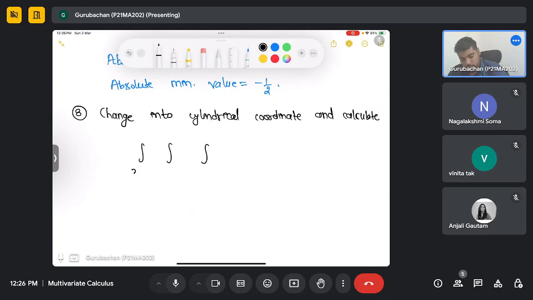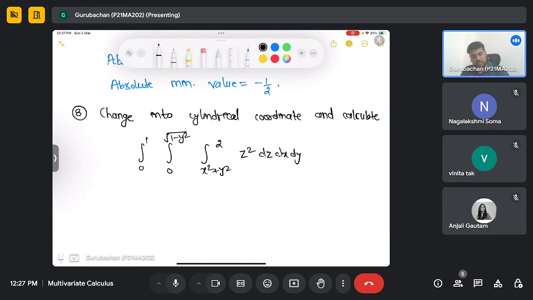Our first value is this, another one is this, x square plus y square plus 2 z square dz dx and dy. Okay, so we have been given this triple integral and we need to calculate the value of this triple integral after changing our Cartesian coordinate system to cylindrical coordinates.